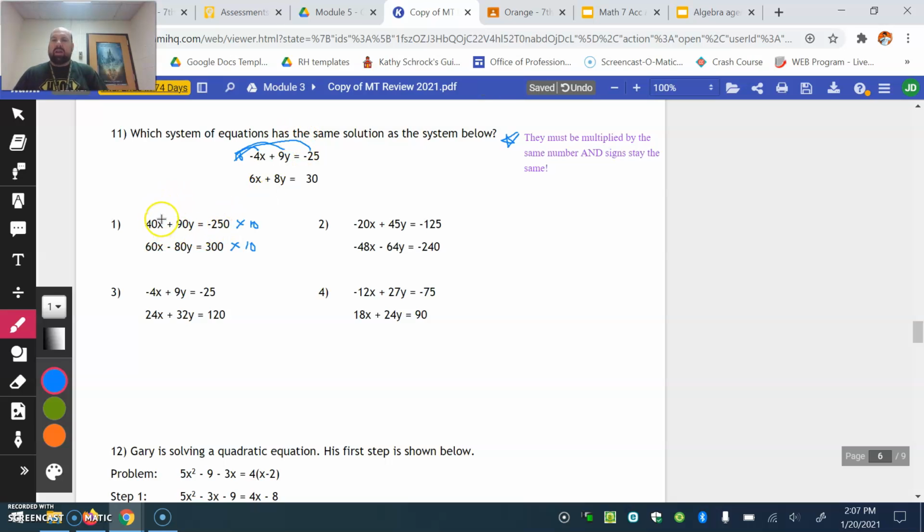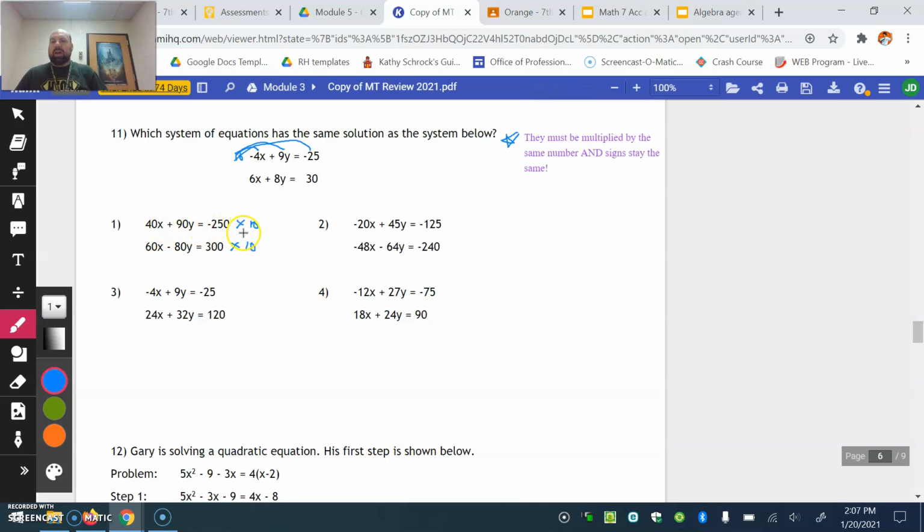So 10 times negative 4 is negative 40. But this is positive 40x. So right there, everything else looks okay. 90y and negative 250. But this first term right here messes it up.